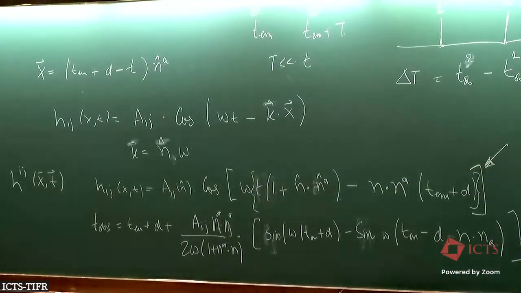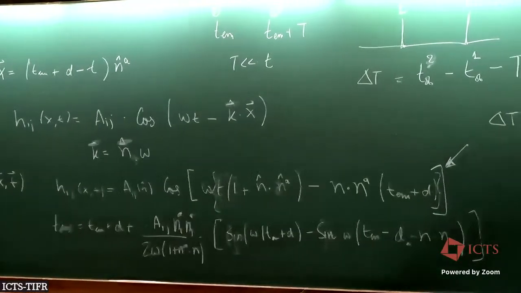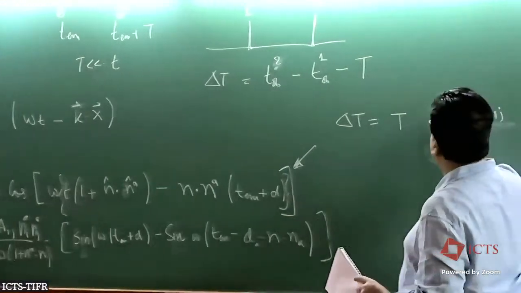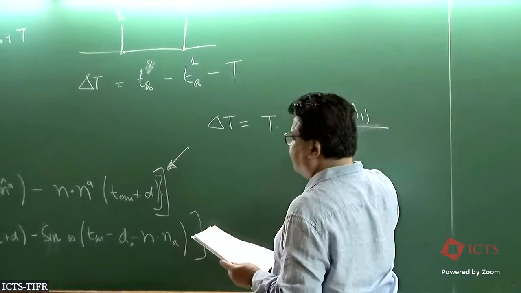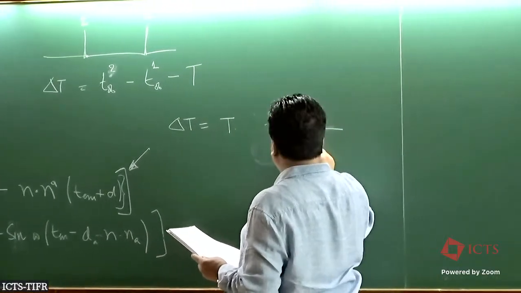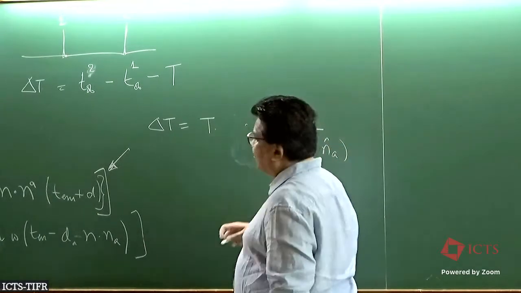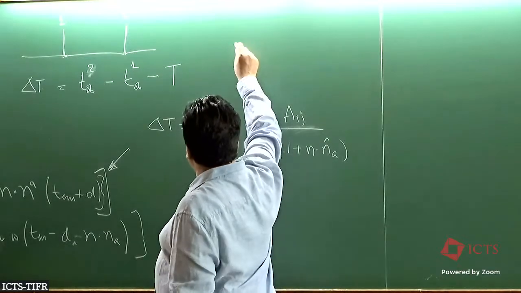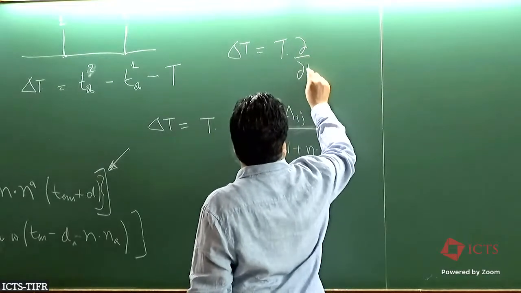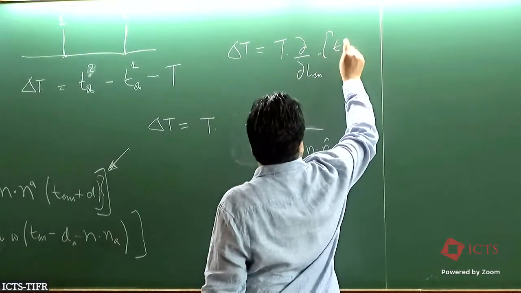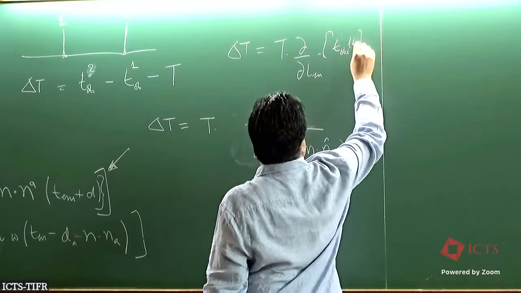So the derivative of this would be this times T omega (1 plus n dot Na). And this was the derivative with respect to delta T, equal to T times d by dt emission of T observation as a function of T emission.